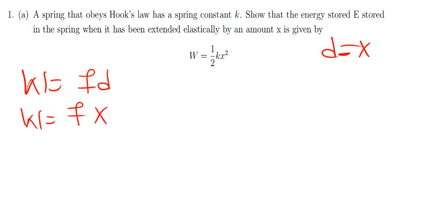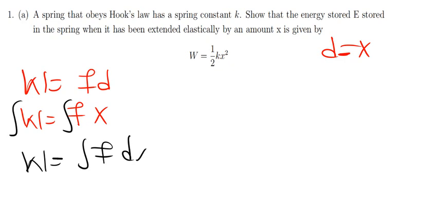What do I mean? If I want to integrate this side, I'm going to integrate this with respect to x. So if I get the integral here, meaning this x is going to change to dx. So it's going to be work will be equal to the integral of f dx, like that.